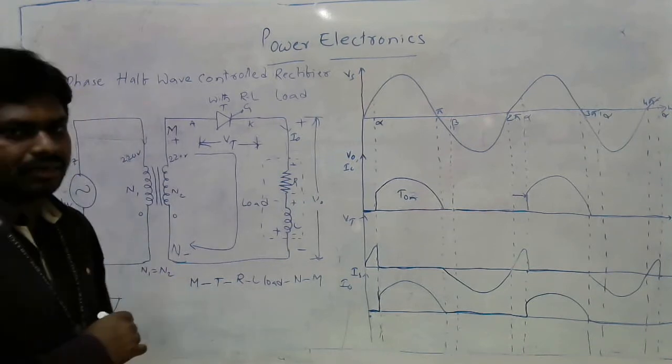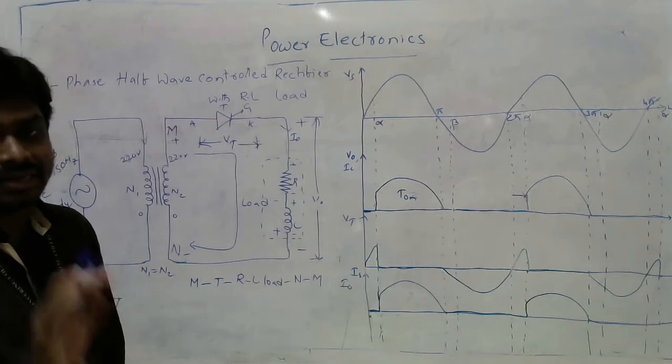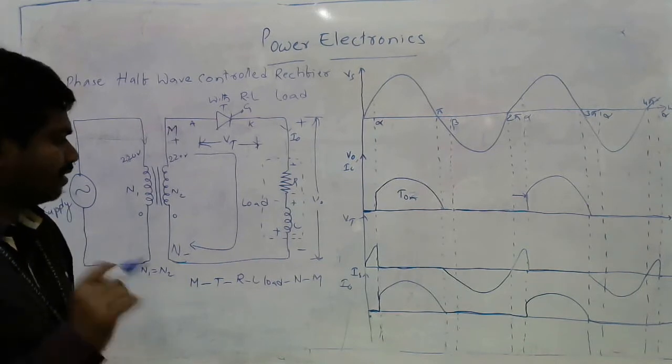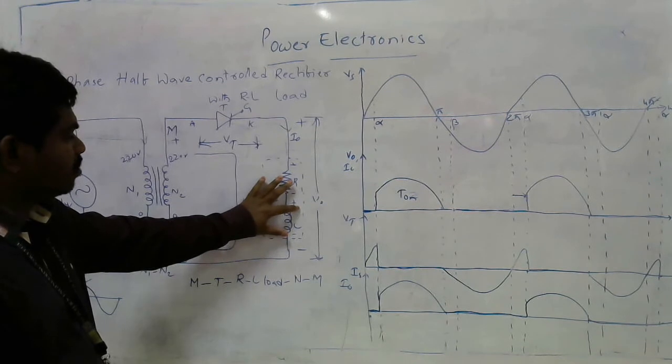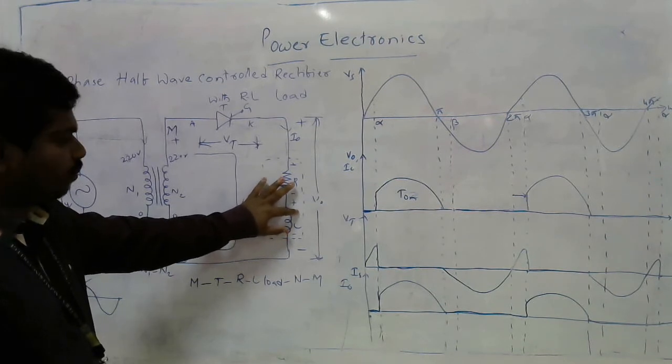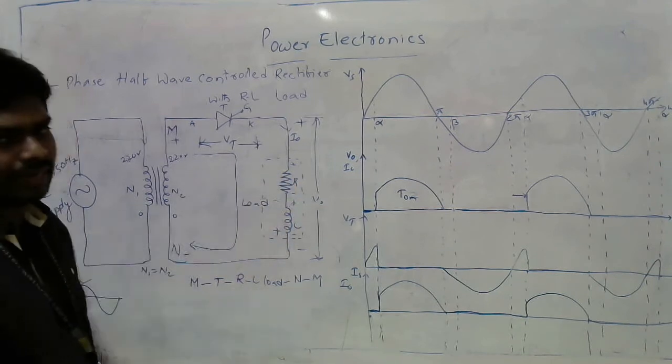As I said, it doesn't allow the sudden change in current, not voltage. Please remember that. Initially, in charging mode, when it has the input supply, it stores the energy with these polarities, plus and minus.